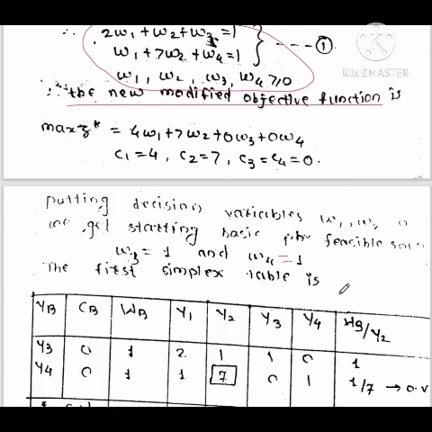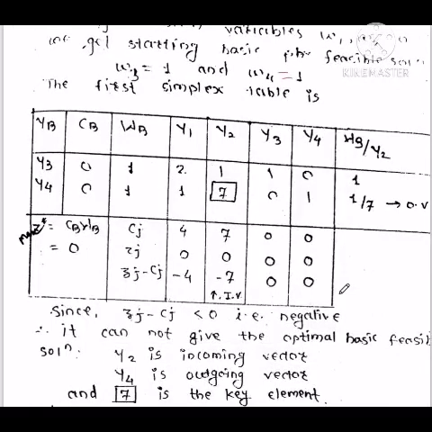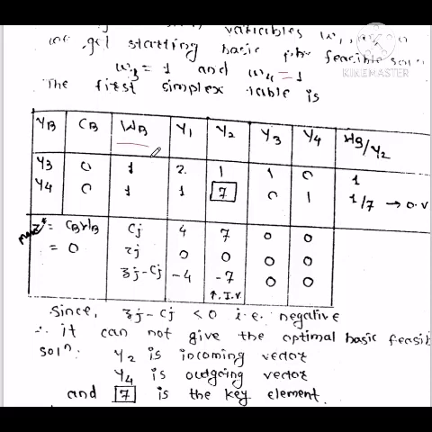Now we will construct the first simplex table as usual. YB is the first column, CB the second column, and WB, instead of XB, because our problem is in dual variables W1, W2, then Y1, Y2, Y3, Y4 as it is. Y3, Y4 correspond to W3, W4, therefore the associated costs C3, C4 are 0, 0.